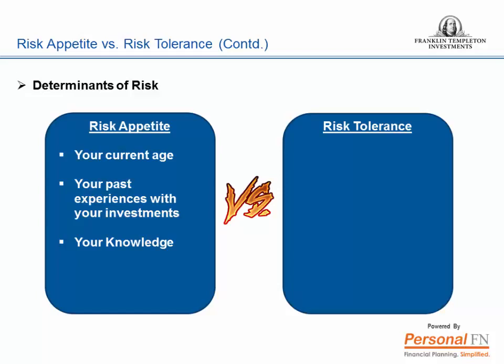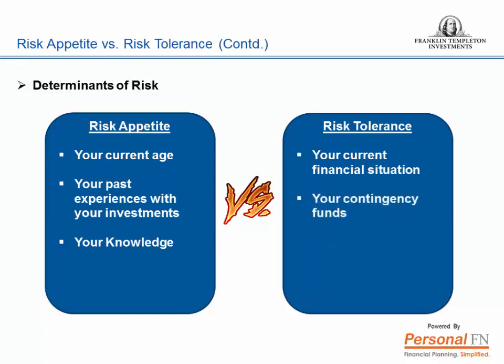Let's talk about risk tolerance now. Under that, the first is your current financial situation. You can assess your current financial situation by considering factors like your income, expenses, assets, liabilities, and financial responsibilities that you're shouldering. A favorable current financial situation may help you increase your risk tolerance level.